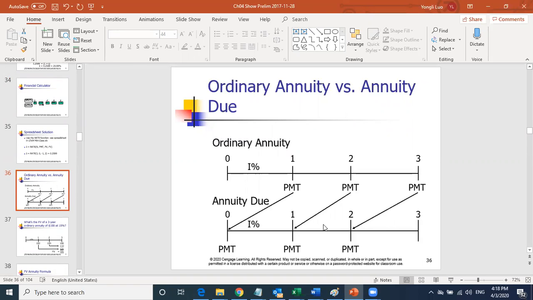For example, you pay your mortgage at the beginning of each month, while you deposit money for your kids' education at the end of each period. So the only difference is that the payment is made at the end for an ordinary annuity and at the beginning for an annuity due.